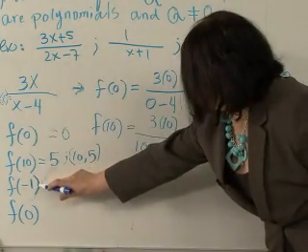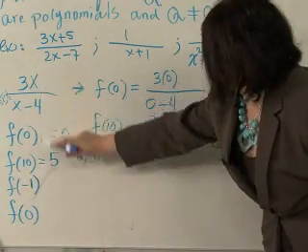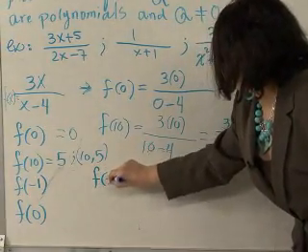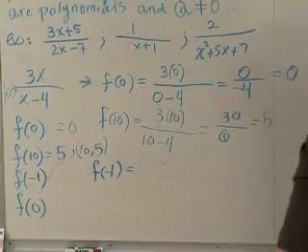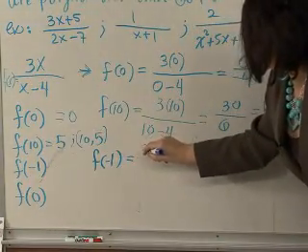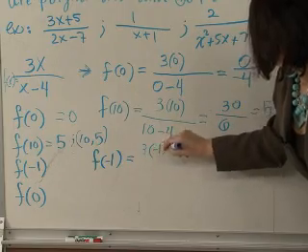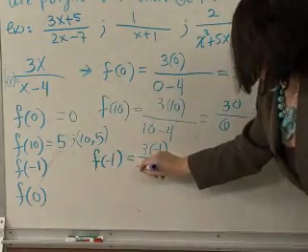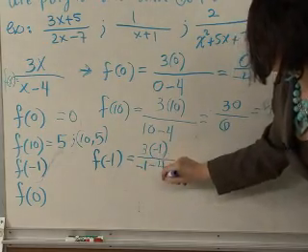Now let's evaluate the function when x is negative 1. When x is negative 1, we're finding f of negative 1. f of negative 1 is going to be 3 times negative 1 over x, again, is negative 1 minus 4.